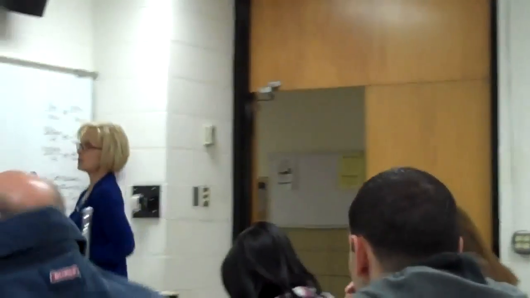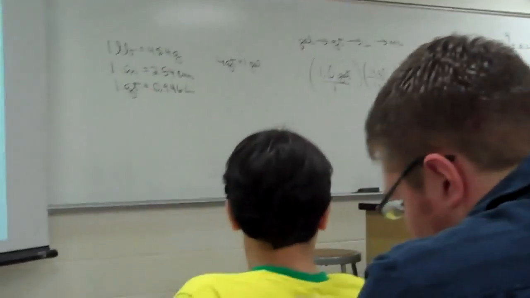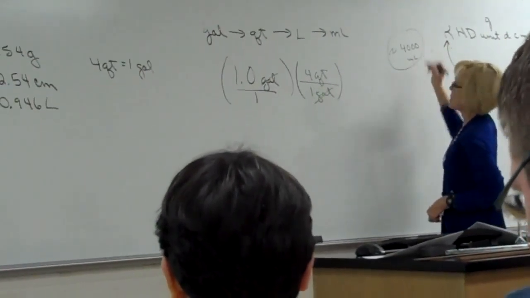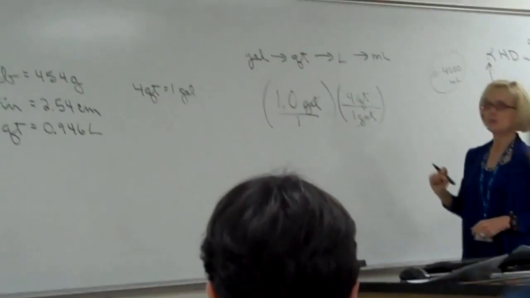Second, think about what you expect as an answer. We expect a number about 4,000. So if we get 40 or 400 or 40,000, we know we have a math problem. So we expect an answer of about 4,000 mils.